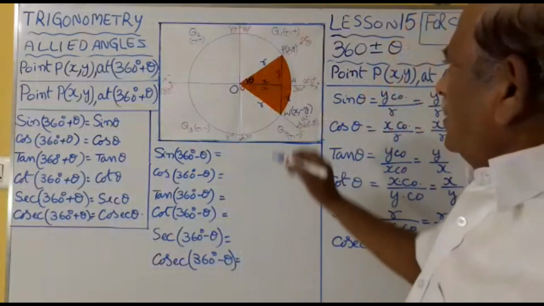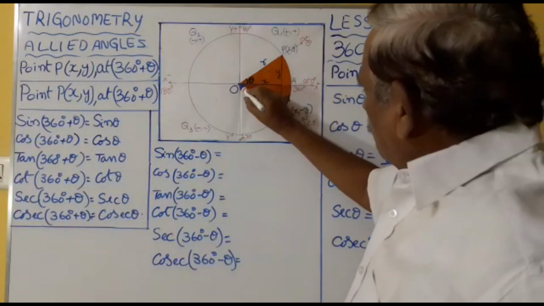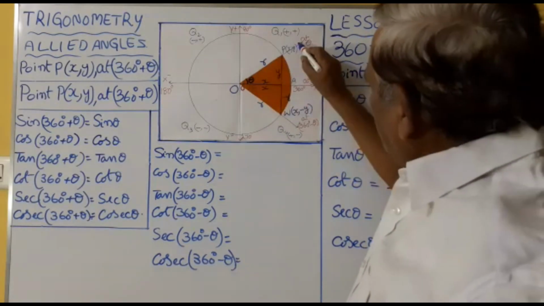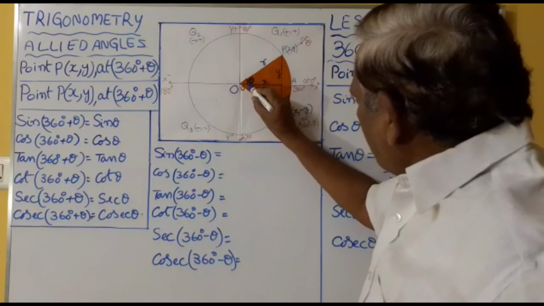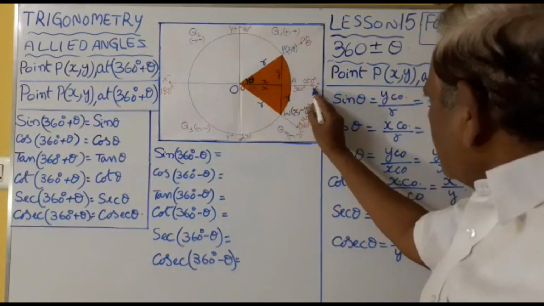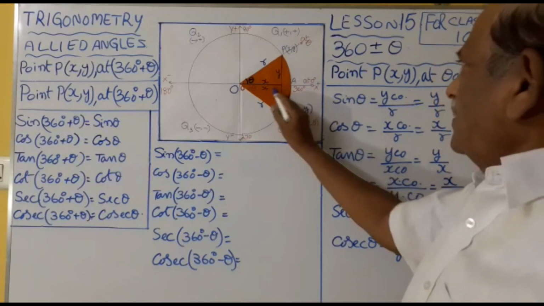Now, the ray OP makes an angle theta at the center. The ray OA makes the angle 0 degrees with the x-axis.